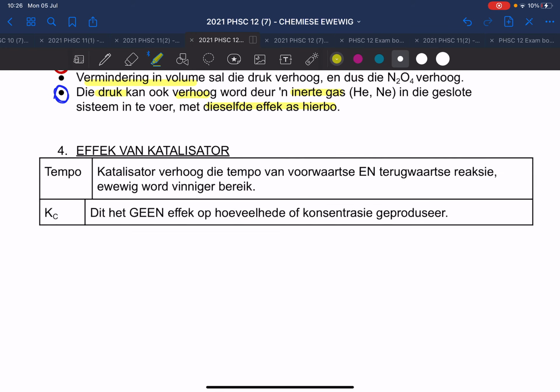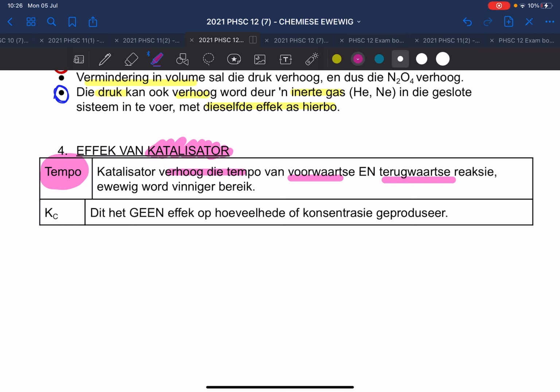And then lastly, the effect of a catalyst, die effek van 'n katalysator. Al wat 'n katalysator doen, the only thing that a catalyst does, it increases the rate of the reaction. That is the previous chapter. It increases the rate. Dit verhoog die tempo van die voorwaartse en die terugwaartse reaksie.